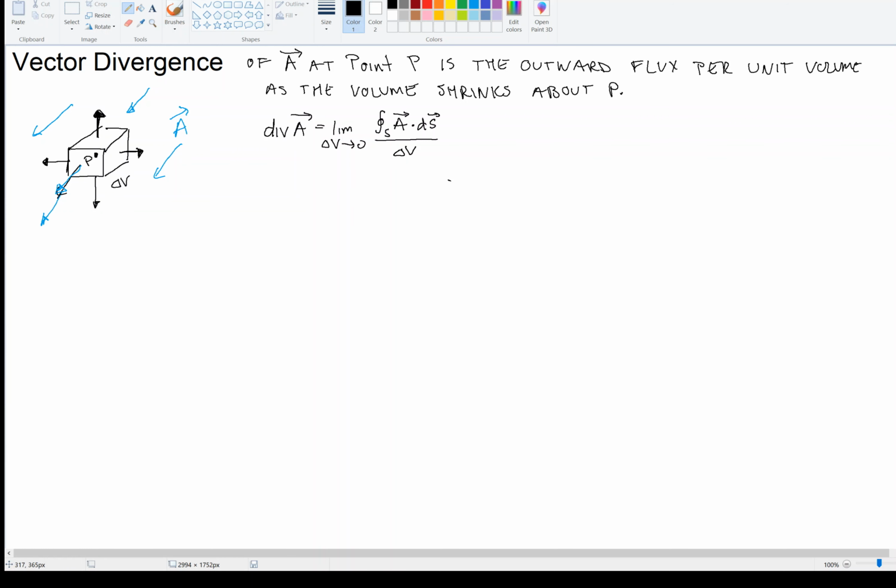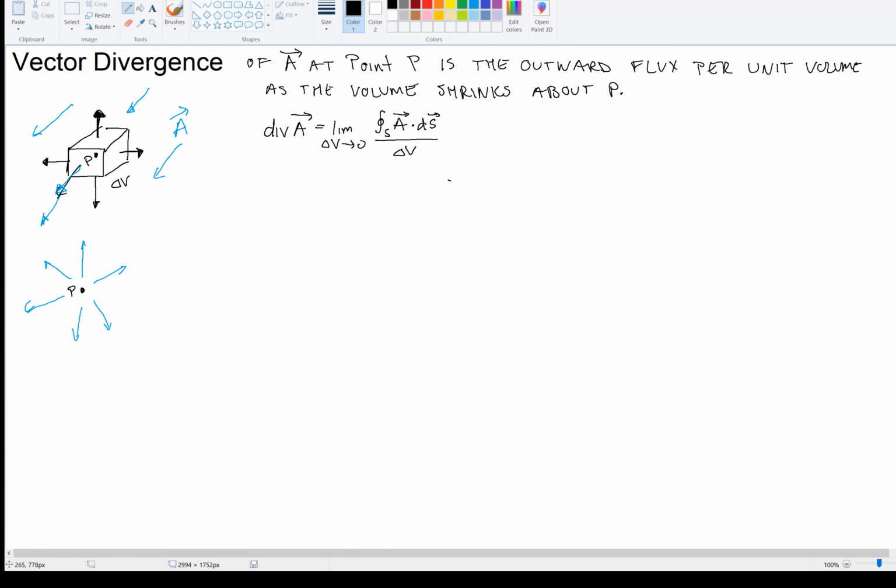Here's the interpretation before we figure out how to calculate such a thing, because that looks pretty intimidating. Suppose we had a point P and a vector field like this. This is a different vector field, not related to the first picture.